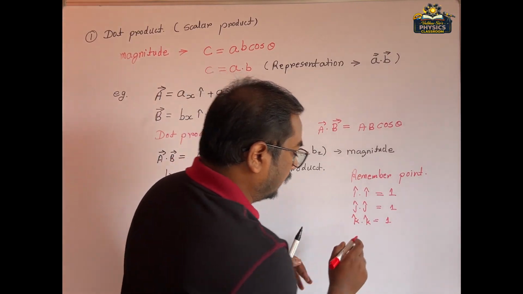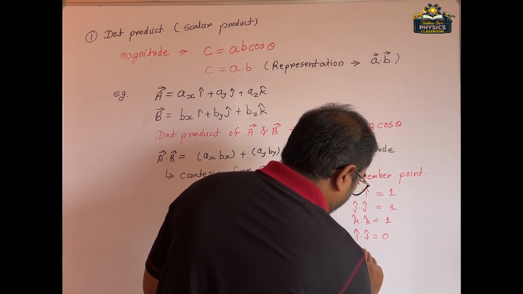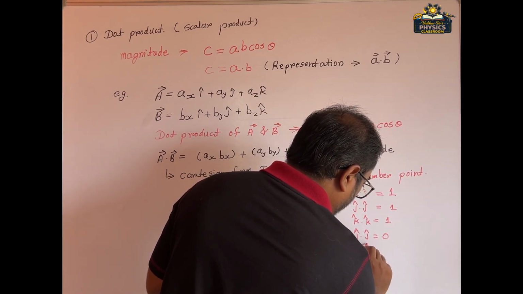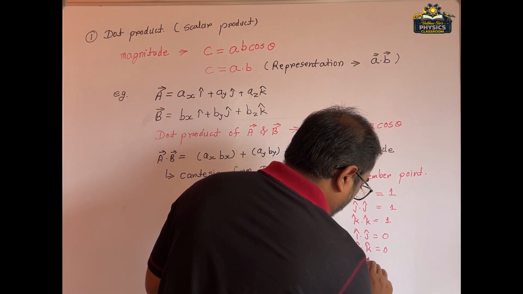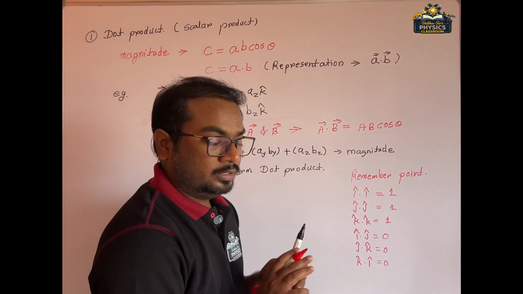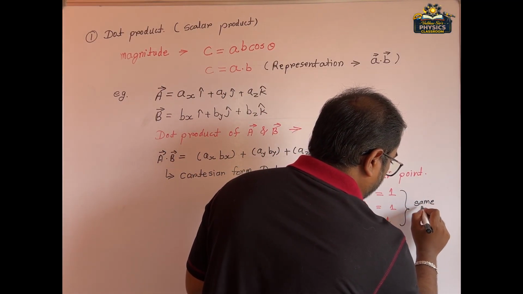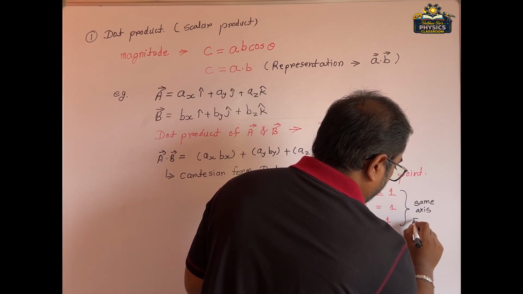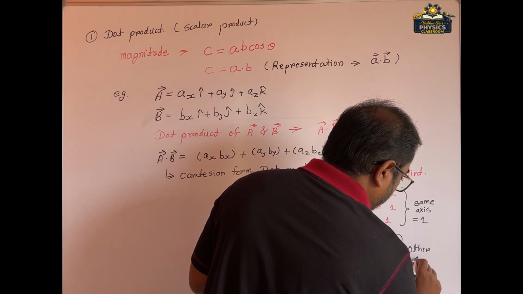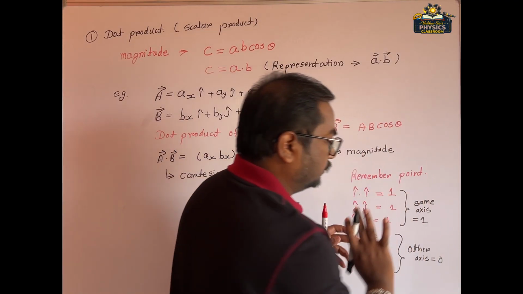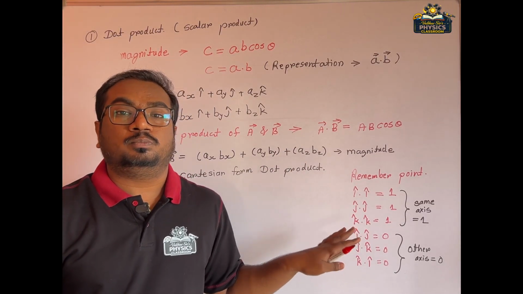Otherwise, if I multiply i cap dot j cap, we will get 0. Then j cap dot k cap, we will get 0. Then k cap dot i cap, we will get 0. If the same axis, then we will get 1. Other axis, we will get 0. We have to remember these points while doing the dot product.